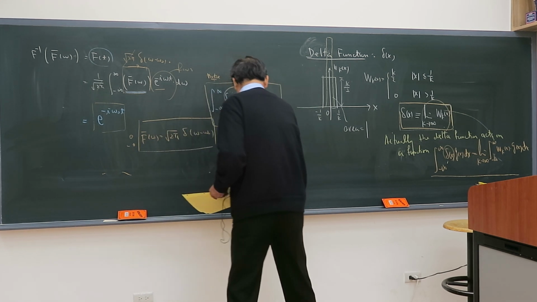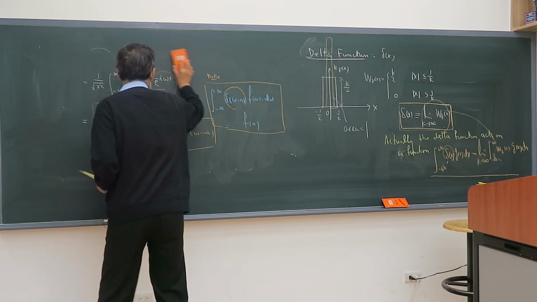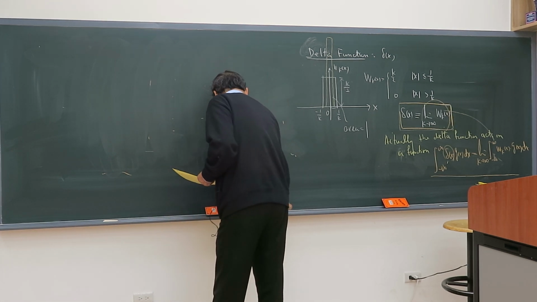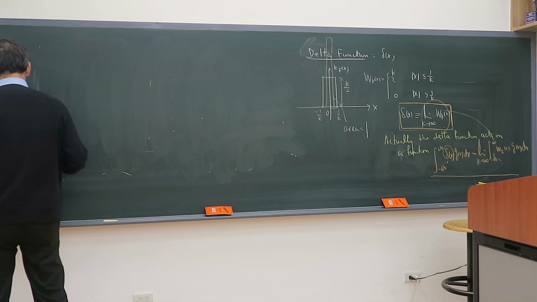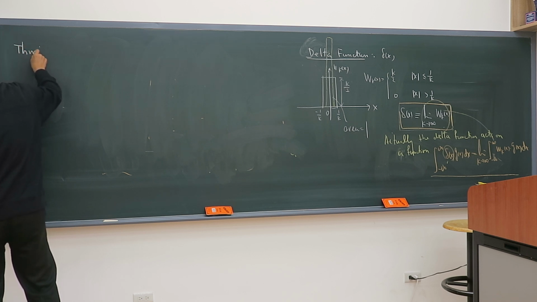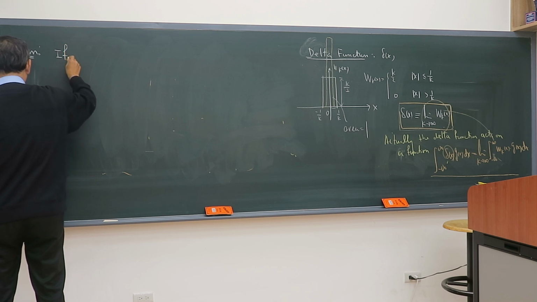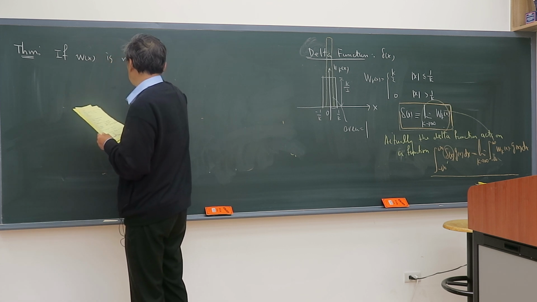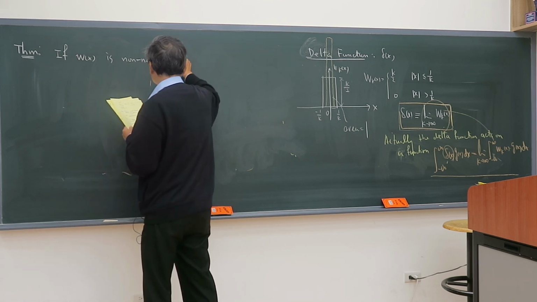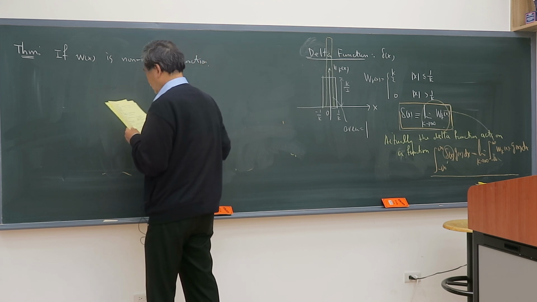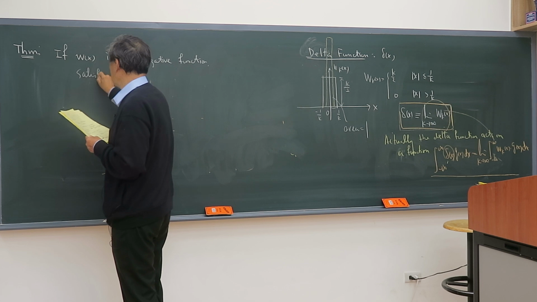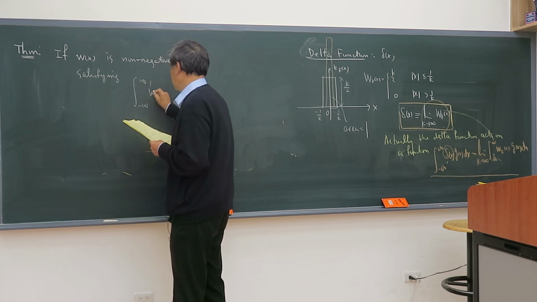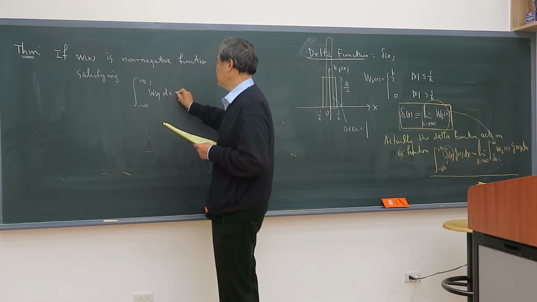So here we have a theory. What is that? If w(x) is a non-negative function satisfying the integral of w(x) dx equal to 1, the area is equal to 1.